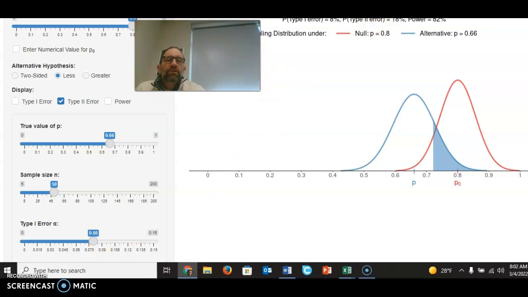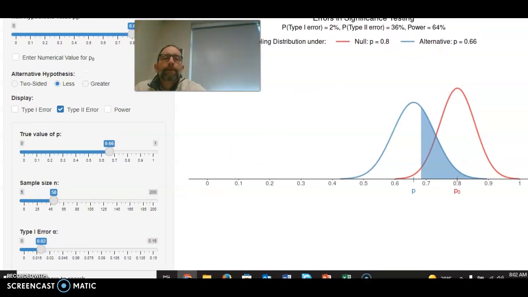So the probability of a type 2 error is going to go down. And as that goes down, since these two things up here, the probability of a type 2 error and the power add up to 1, then the power is going to go in the opposite direction. It's going to go up. So as we increase alpha, we increase power. As we decrease alpha, if alpha were to go to 0.02, we're going to decrease power.